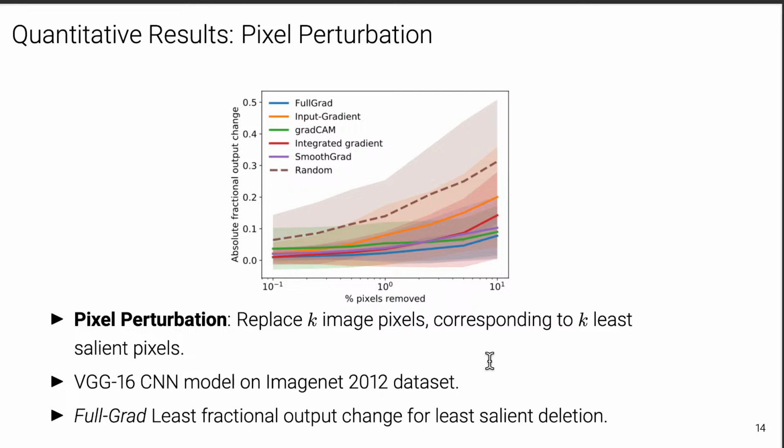This is one quantitative way for us to look at pixel perturbations to determine whether or not the model output is changing. So here we argue that lower is better. As we remove pixels, the fraction of outputs which flip or change their decision is very small, and is lowest for the full gradient post processing that we apply to our full gradient representation.